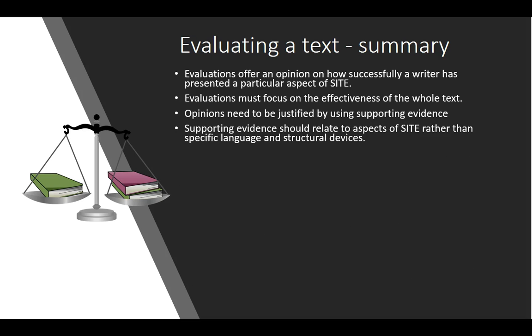That supporting evidence needs to relate to big things within the text, such as the subject matter, the ideas, the themes, the events, rather than very specific individual language and structural devices. In terms of how you provide that supporting evidence, it can be in the form of short direct quotations embedded into your own writing, paraphrasing, or referencing.